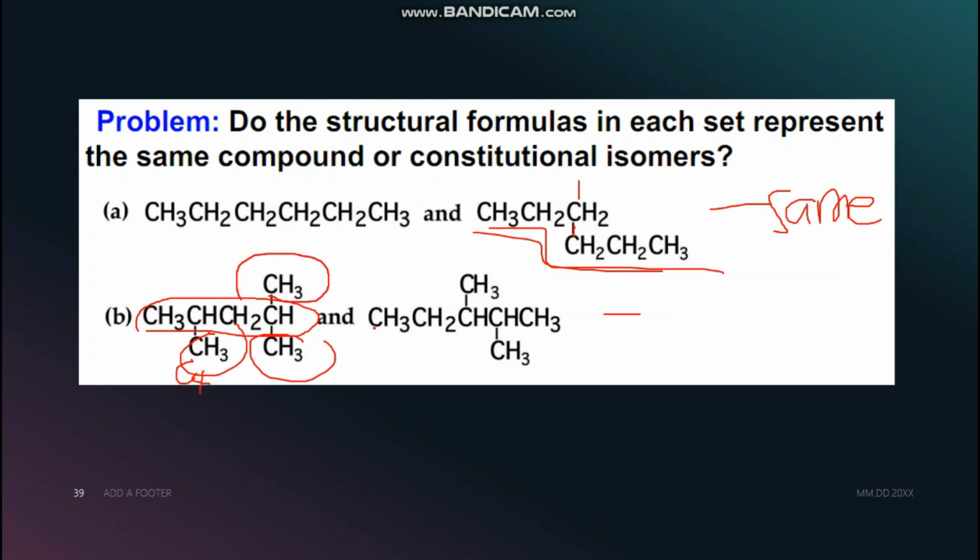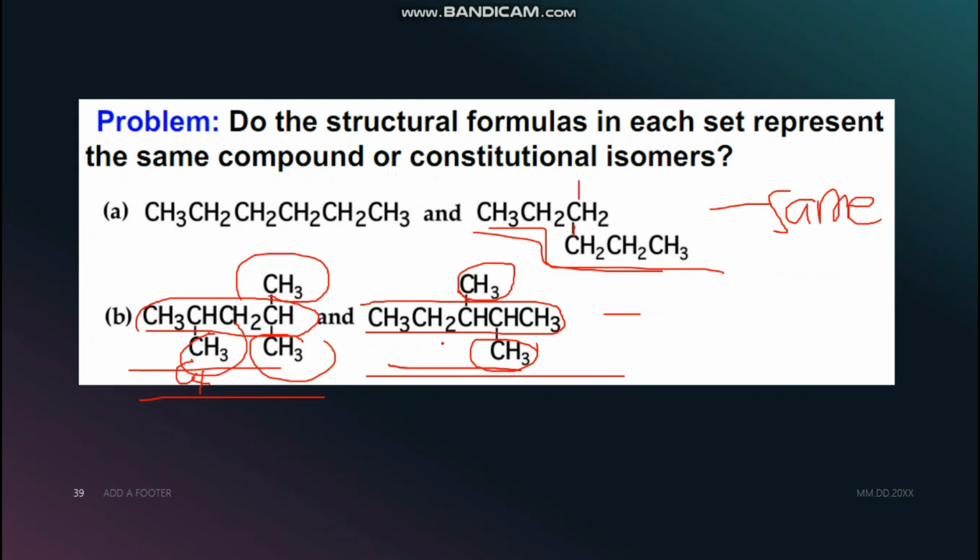Okay? On this one naman, the parent chain is 1, 2, 3, 4, 5. So that's pentane, but only two methyl groups. So that's dimethylpentane. Okay, so magkaibang compound sila. So this is trimethylbutane, and this is dimethylpentane.